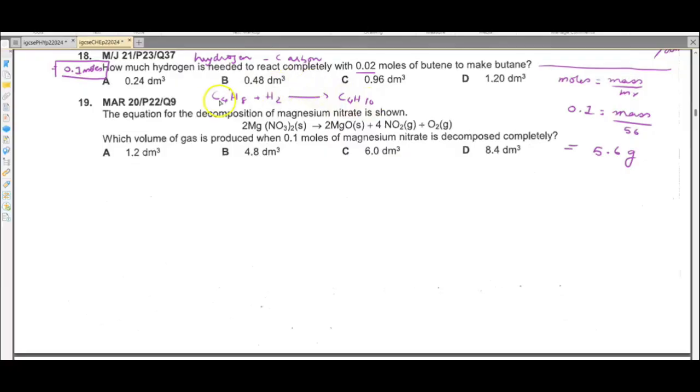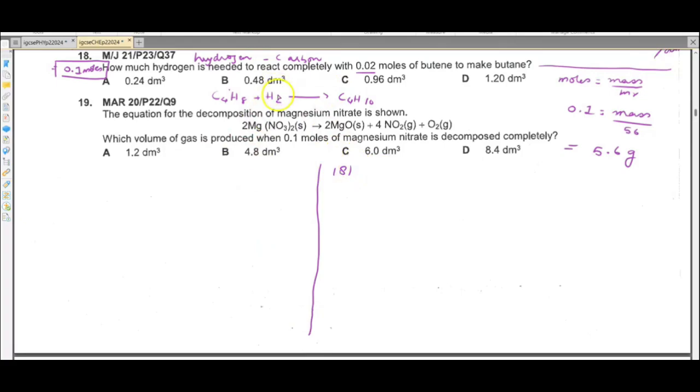So we have moles of this and we need to find hydrogen, which is a gas, to know what it takes to convert this into butane. What we need to do is, we will use this space for question number 17 and this space for question number 18.